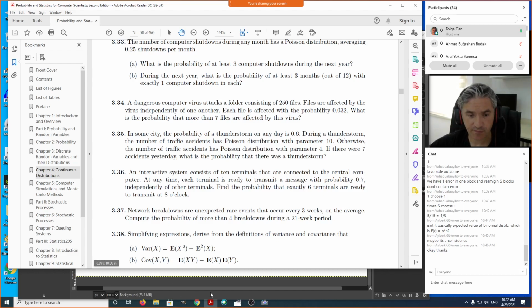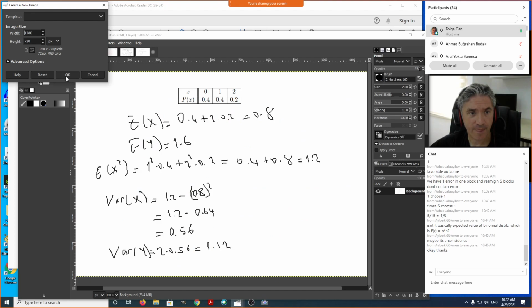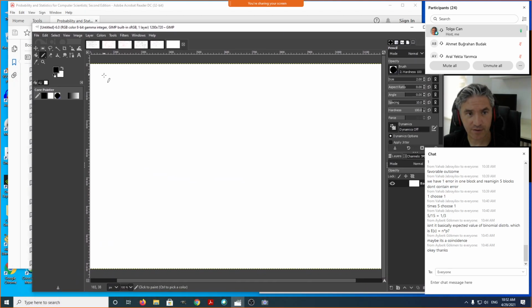Okay, so let me write these things that are given to us here. The probability of a thunderstorm is 0.6. We can have this variable t to indicate that there's a thunderstorm. When it's 0, there's no thunderstorm. So this one is 0.6.